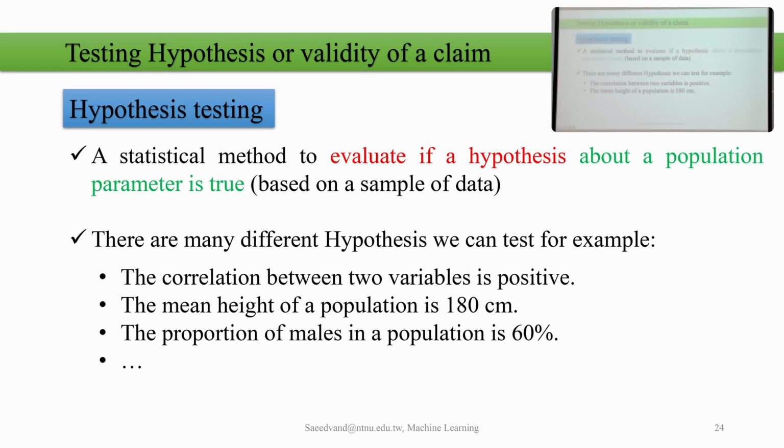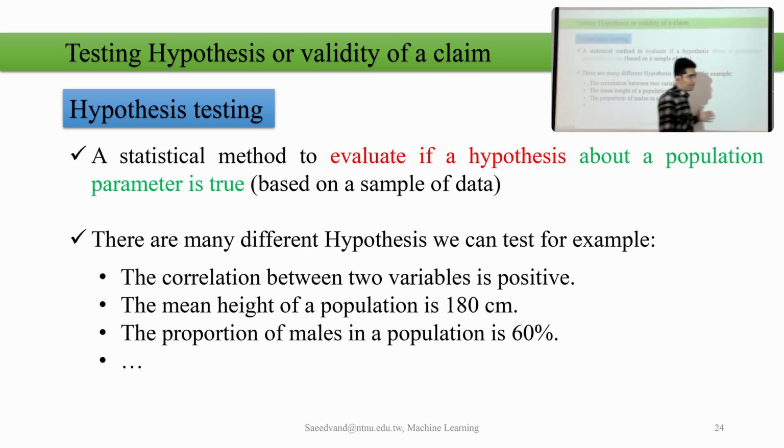Or the mean height of the population is 180 centimeters. You want to state this hypothesis and say if it's true or false. Or the proportion of males in the population is 60%, for example.